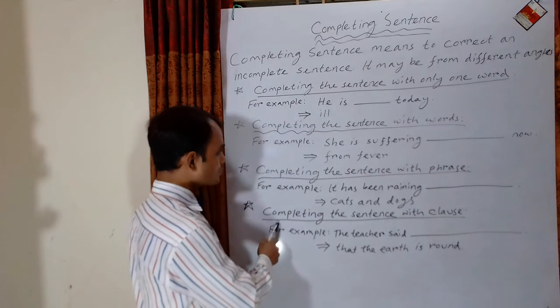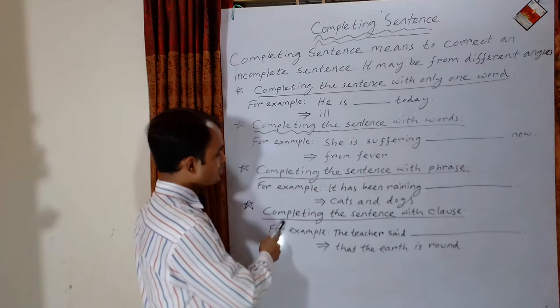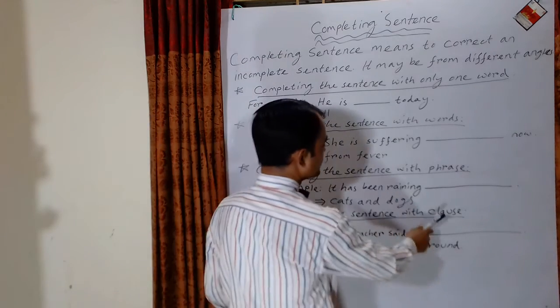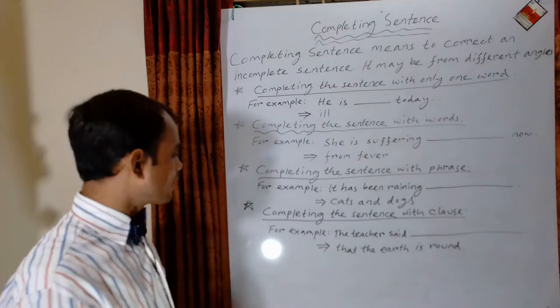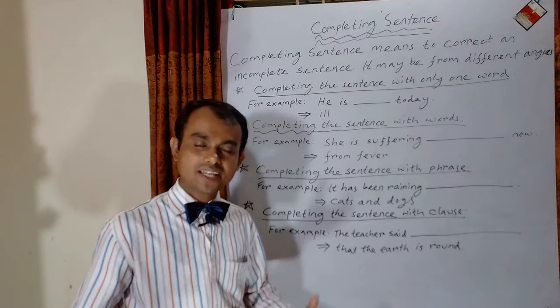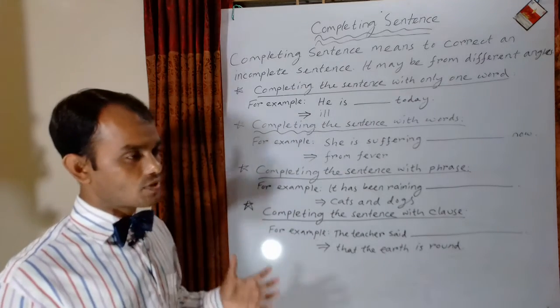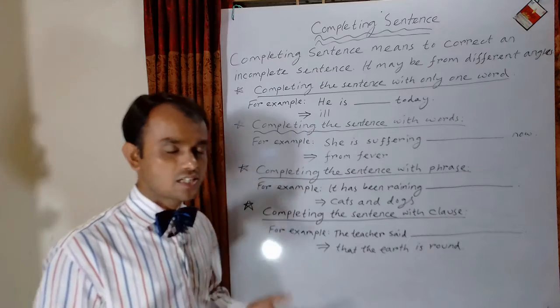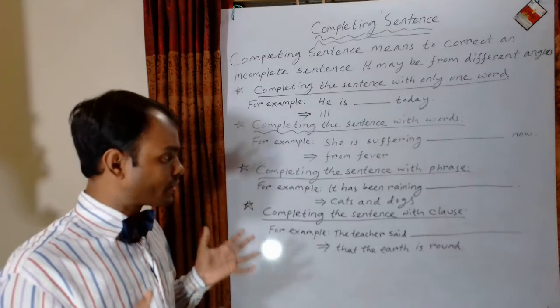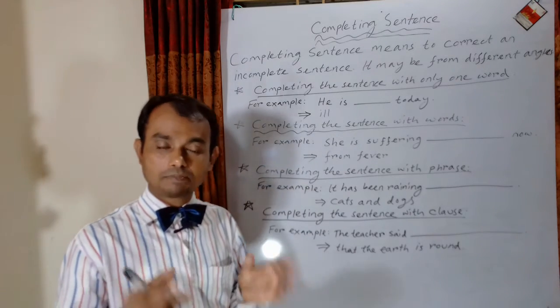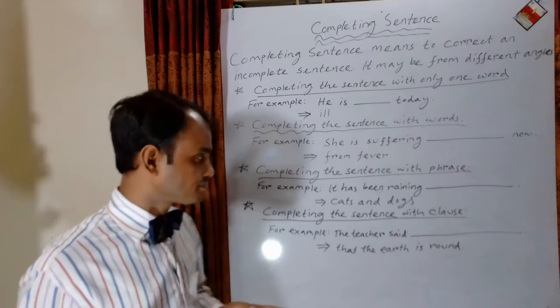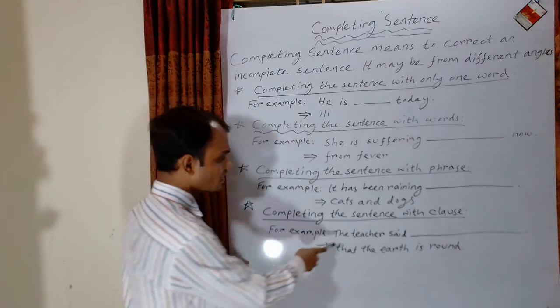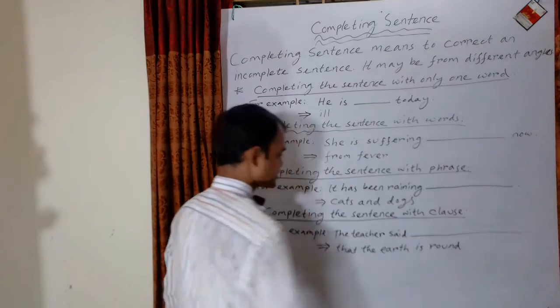The last option or last angle, completing the sentence with clause. Whenever you are asked to complete a sentence with clause, you have to understand what a clause is. A clause is a group of words containing a subject and a finite verb. For example, the teacher said dash.